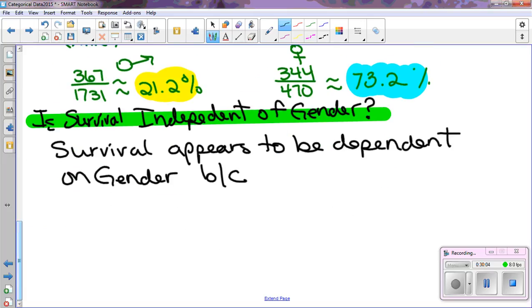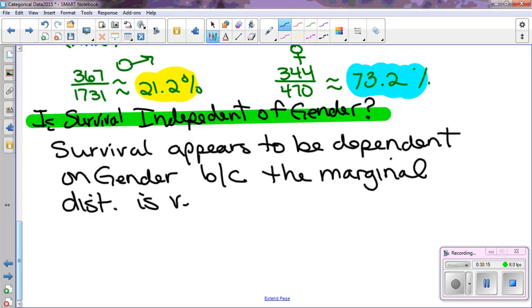So because the marginal distribution, and you'll have those numbers up there, is very different from the conditional.